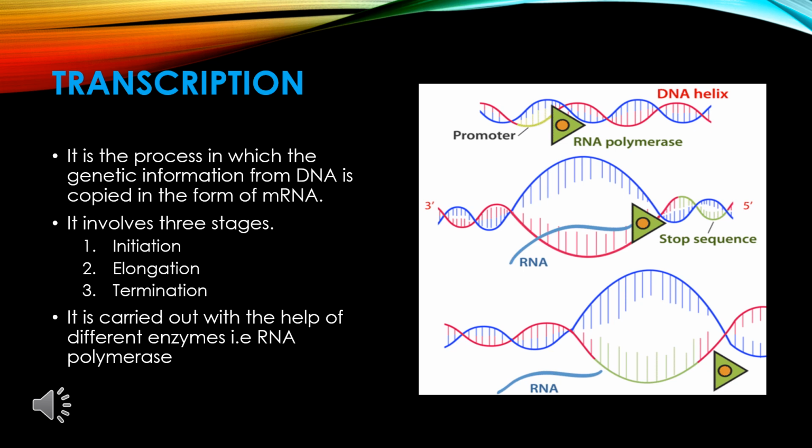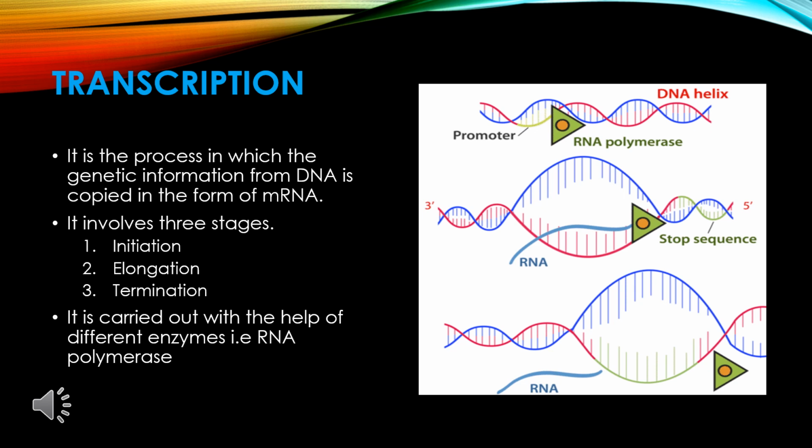If we consider the diagram here, we can see we have a DNA double helical structure and an enzyme which is called RNA polymerase. All the complex biochemical reactions take place through the help of different types of enzymes. In the process of transcription, the enzyme that is helping is called RNA polymerase.